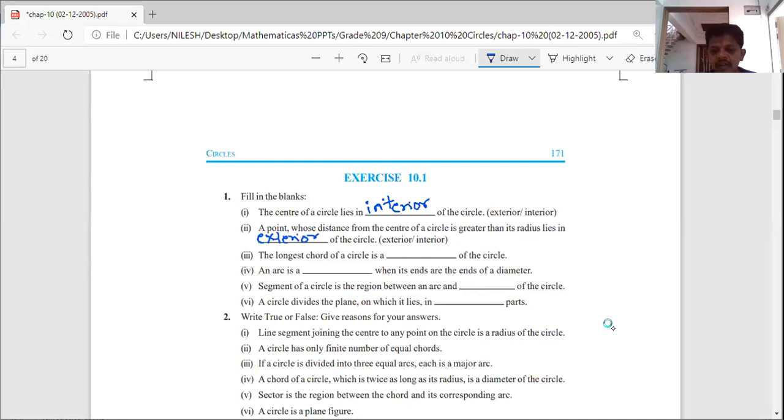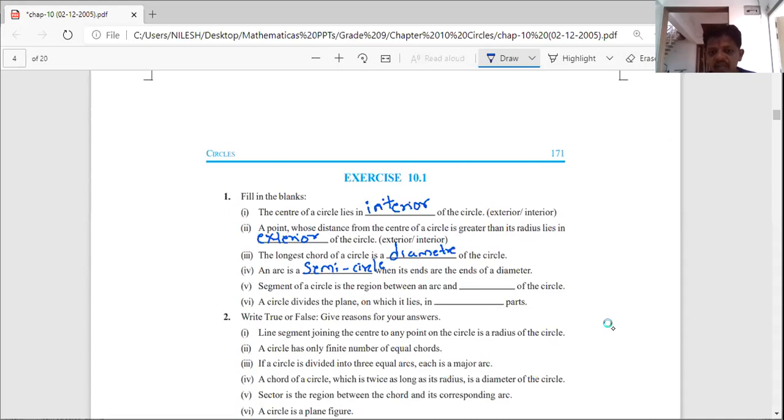The longest chord of a circle is a diameter. An arc is a semicircle when its ends are the ends of a diameter, yes, because a diameter will always form a semicircle.